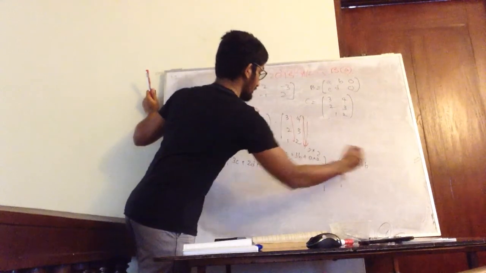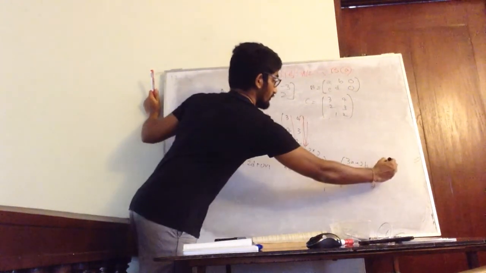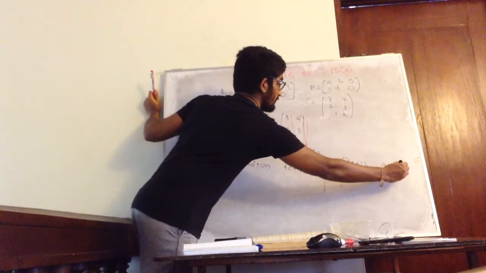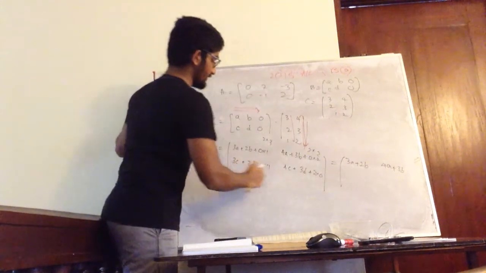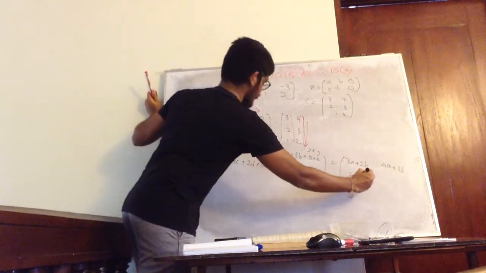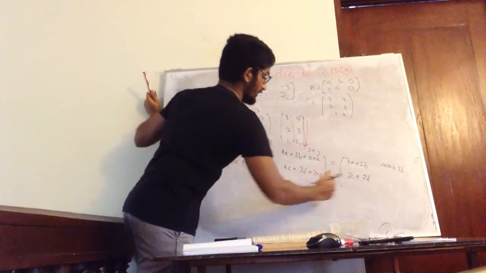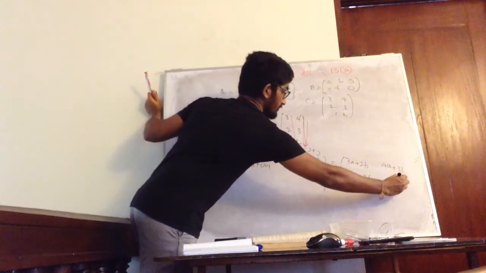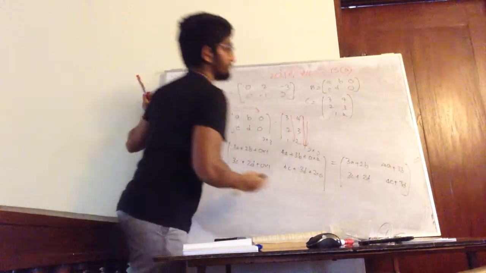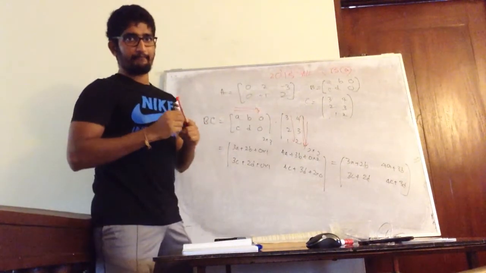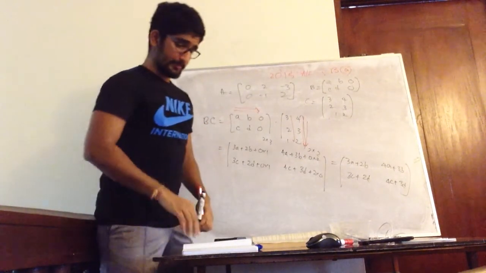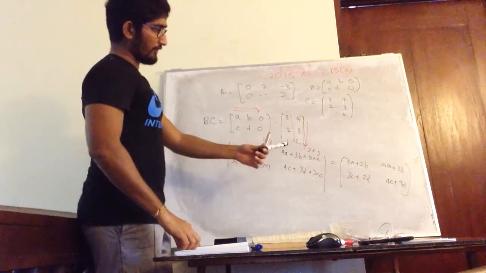So then you will get 3a plus 2b. Here you will get 4a plus 3b. Here you will get 3c plus 2d. Here you will get 4c plus 3d. Correct? So we have got that.